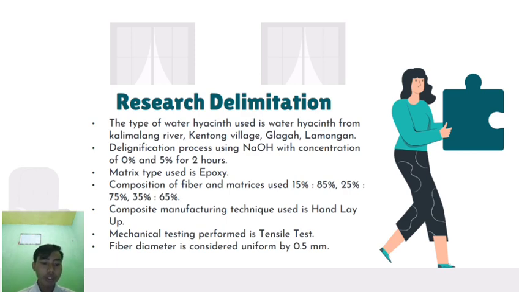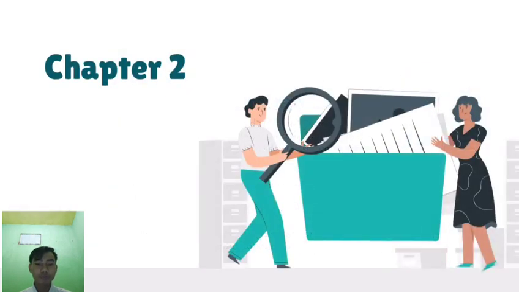The composite manufacturing technique uses hand layup. 6. The mechanical testing performed is the tensile test. 7. For analysis, the fiber diameter is considered uniform at 0.5 mm.